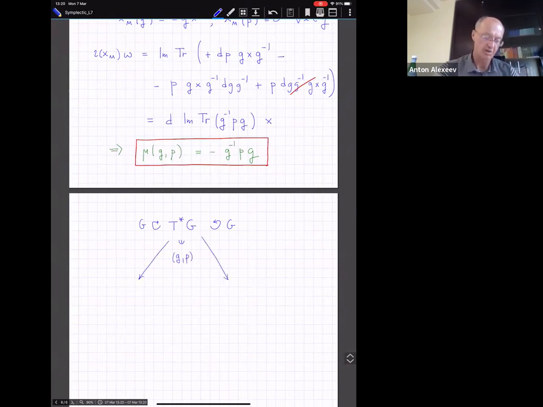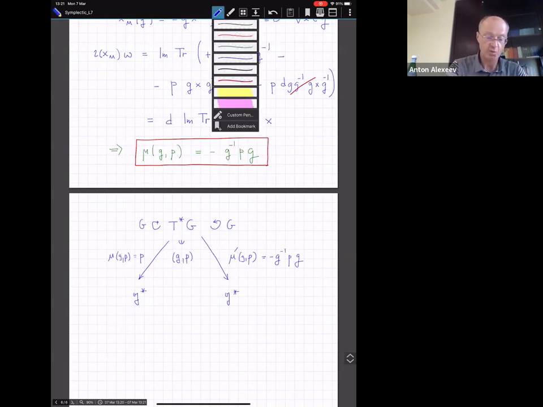Usually they are called moment map left and moment map right. And I'm sorry to say, I don't know how I should call them. Which one is left, which one is right? So let me say that this one is equal to P. This one, let's say moment map prime, is equal to minus G minus 1 PG.